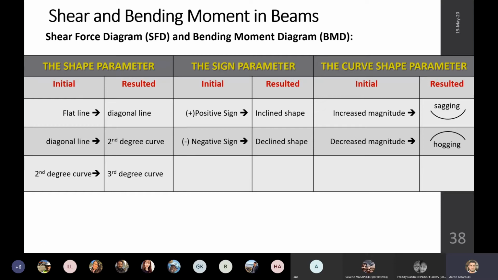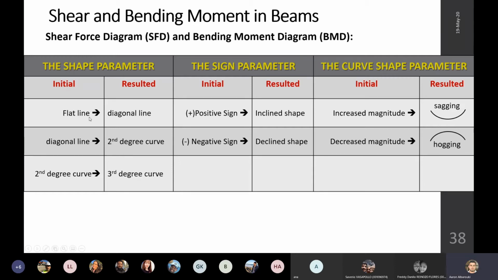What's the shape of my shear force diagram or bending moment diagram? And these are the three cases you have, which is very straightforward. A flat line will produce a diagonal line. A diagonal line will produce a second degree curve. A second degree curve will produce a third degree curve. Are we clear on the shape?